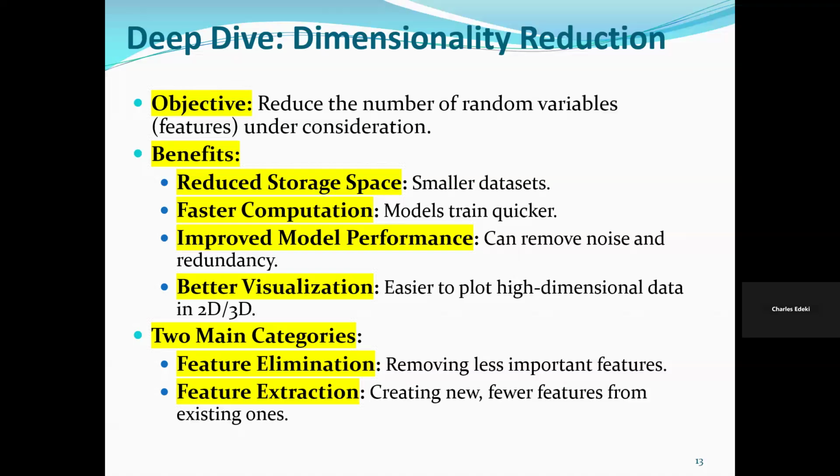Feature elimination is based on selection, and feature extraction is based on projection, normally to create fewer new features from a combination or transformation of the original features. Principal component analysis, or PCA, is a prime example of this concept, that is, of feature extraction.